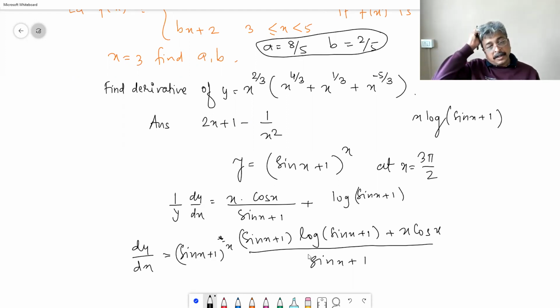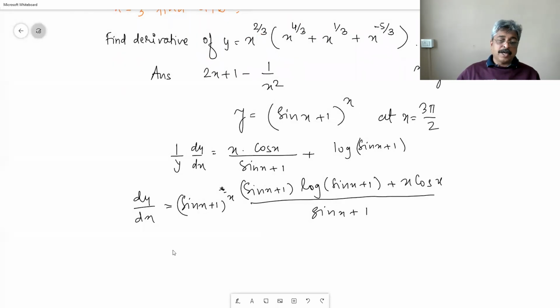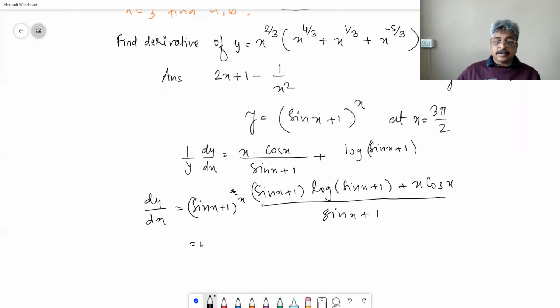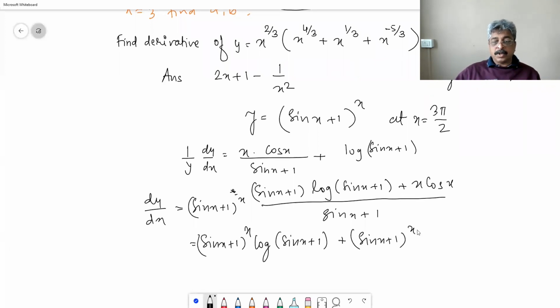Is that right? So we can write it further as sin x plus 1 raised to x log of sin x plus 1, plus sin x plus 1 raised to x minus 1 into x cos x.